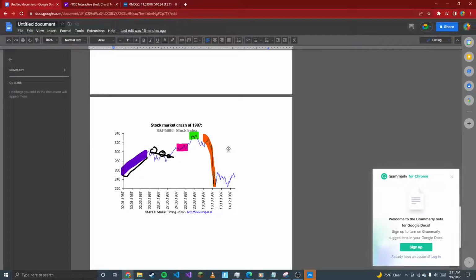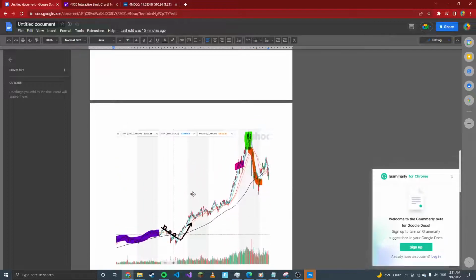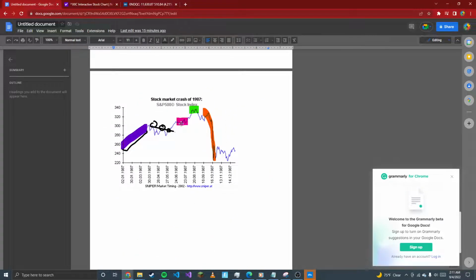So let's do a little planner here. What would we do when it breaks out of the line? First of all, stocks will begin to go up, so you can start getting your positions, your options contracts, etc. Now, during the pink and the flag pattern, you would sell and buy more.